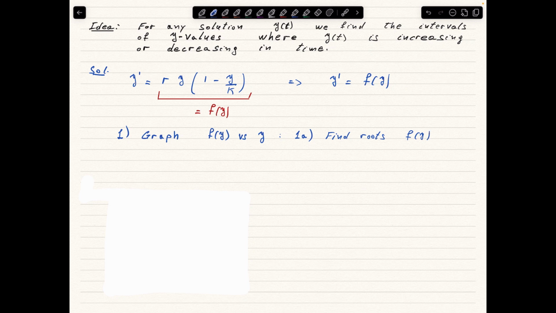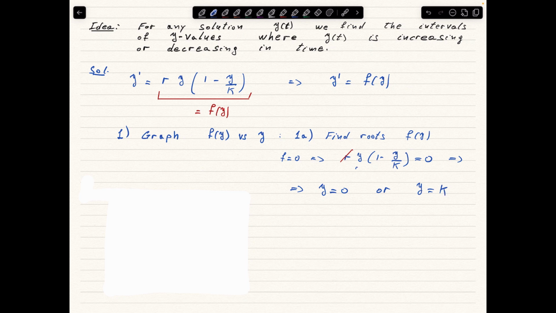So what is that? f equal to 0 means that r times y times 1 minus y over k is equal to 0. r is different from 0, that constant goes away, and that implies that we have two solutions: either y is equal to 0 or y is equal to k.